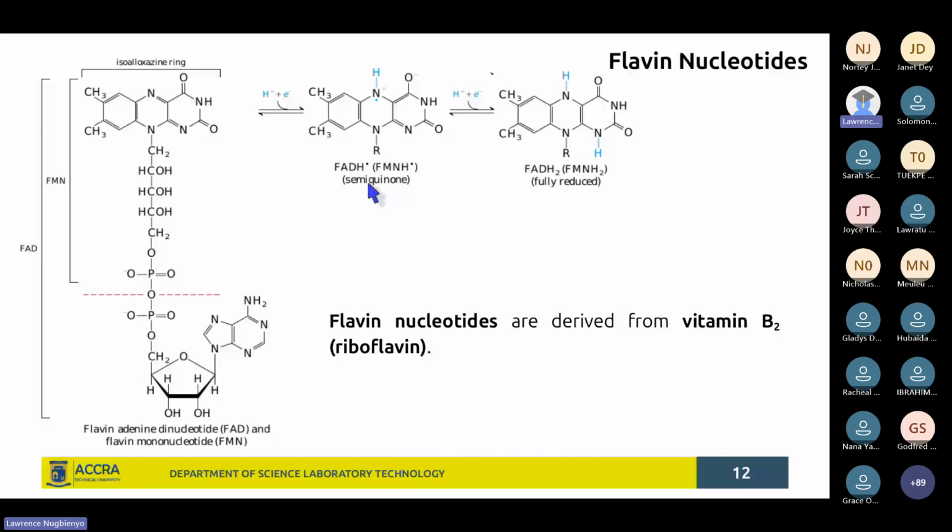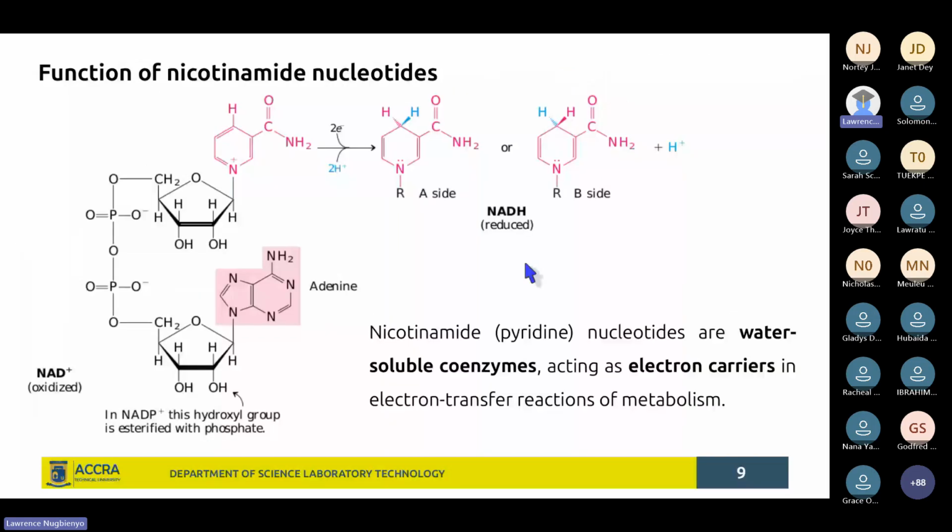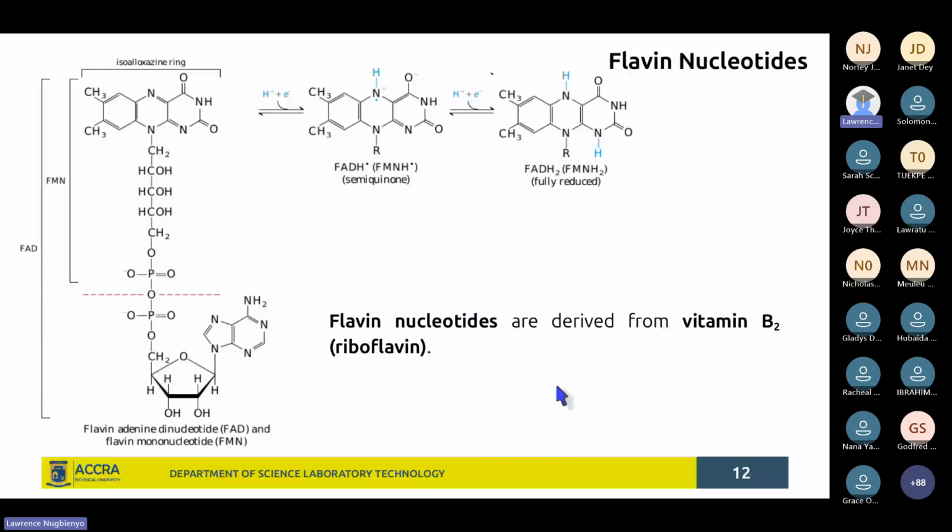So these are also involved in the transfer of electrons, but these usually bind to the protein. If you look at the nicotinamide nucleotides, what we saw much earlier, we said they are water-soluble coenzymes. They move from one molecule to the other. But the flavin nucleotides bind to these proteins, what you refer to as flavoproteins.